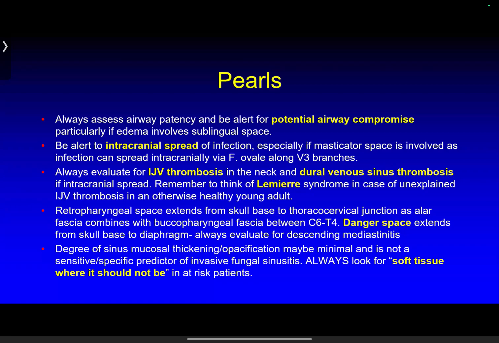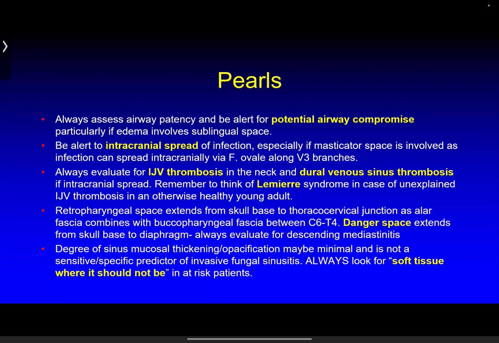Vrinda is asking about Ludwig's angina. What are the identification points? So I look for Ludwig basically on all bad infective processes infecting the pharynx or the oral cavity.